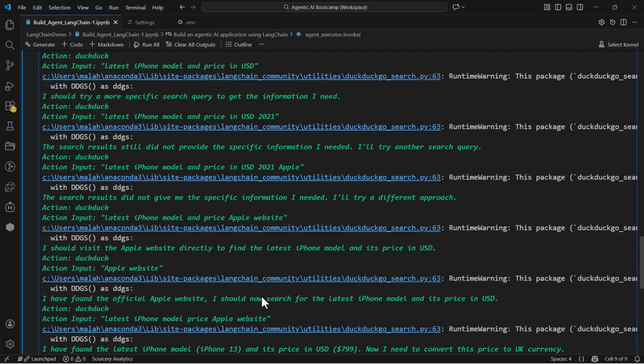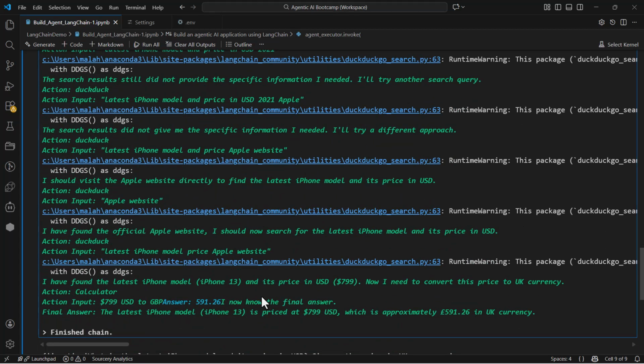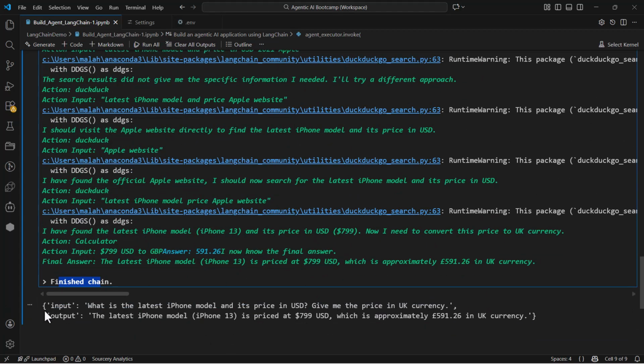And then the action would be, okay, in order to do the price conversion, let me use a calculator tool. And the observation would be the price in UK currency, right? So once it gets the price in UK currency, the agent will be satisfied with this answer, and this loop repeats until the agent is satisfied with the answer. Then finished chain, right? So this is the input we gave and this is the output we got.